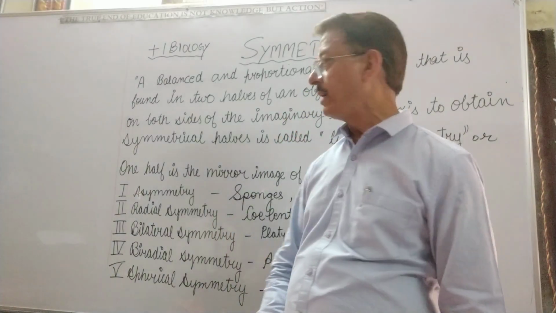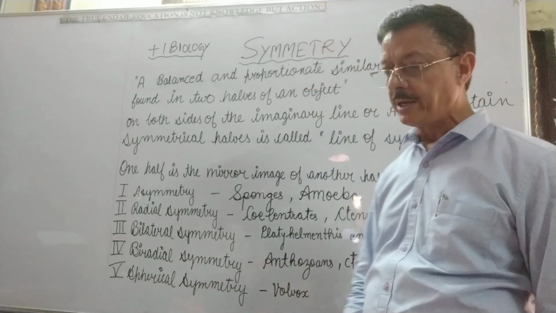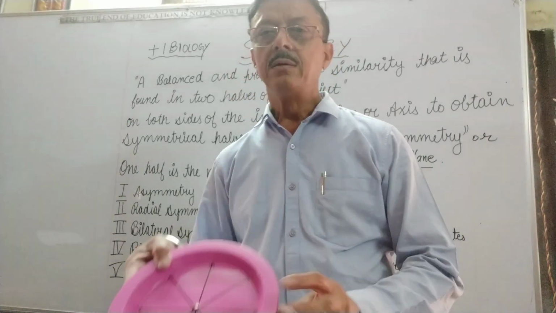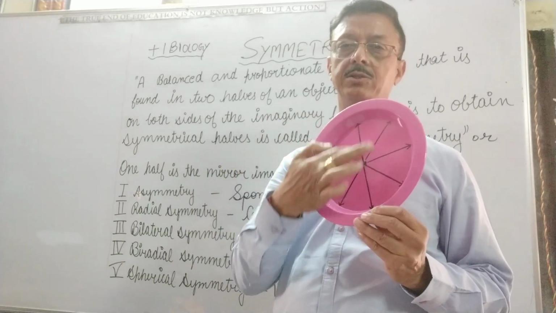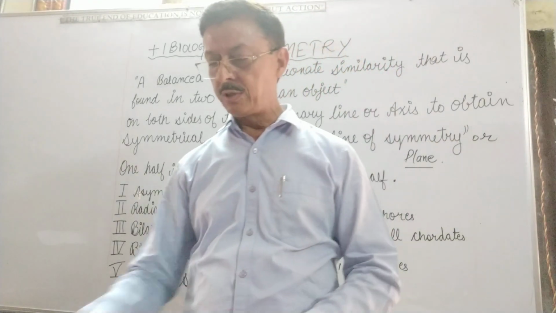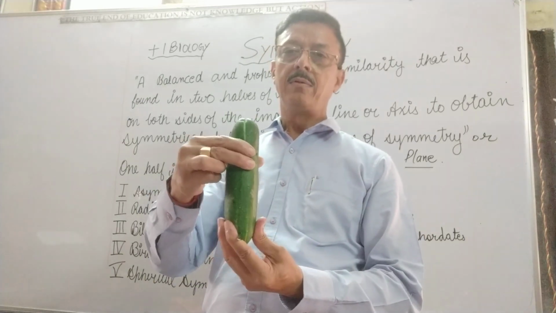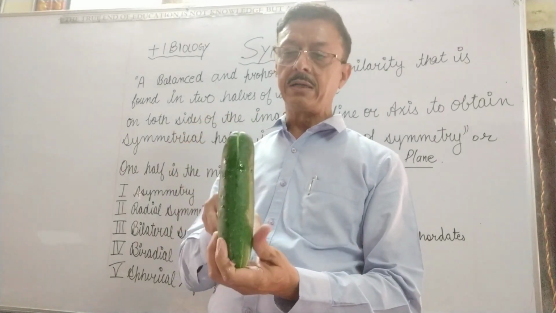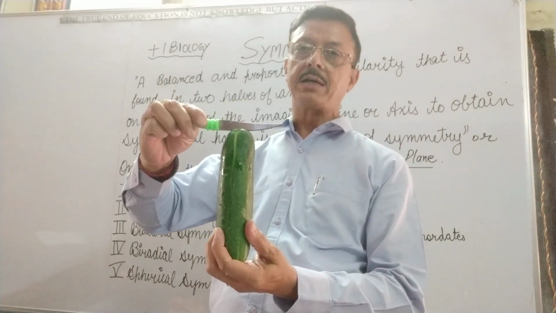Now another type of symmetry here is radial symmetry. In case of radial symmetry, we can cut the animal longitudinally in any direction which passes through the center, and we can get two equal halves of the animal. Suppose here I am taking the example of a cucumber. It's cylindrical. Suppose it is a cylindrical animal, and when we cut it passing through the center, we get two equal halves, and we can cut it in any direction, in any plane.